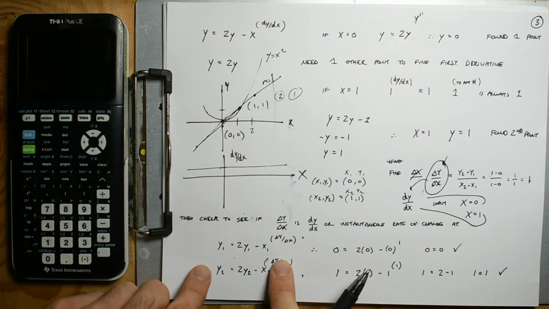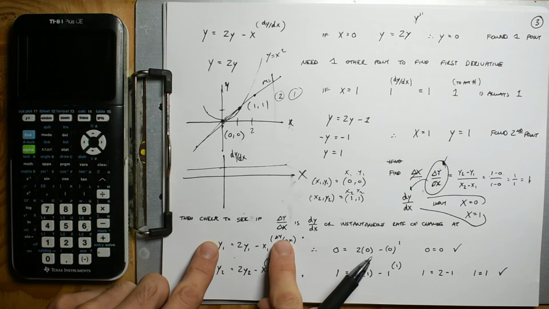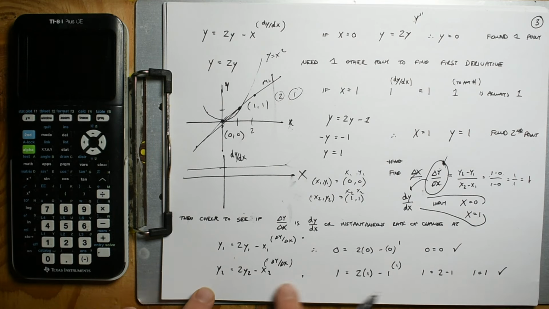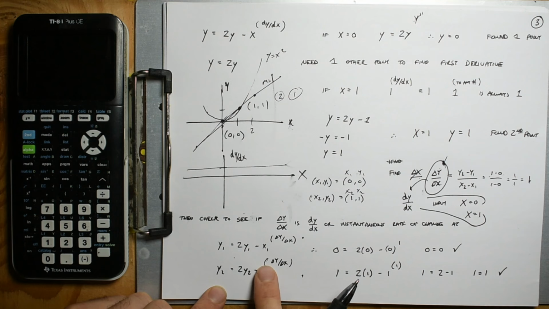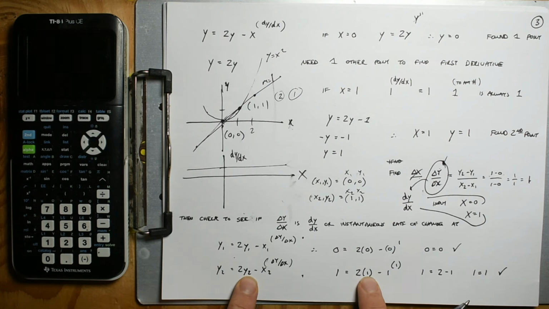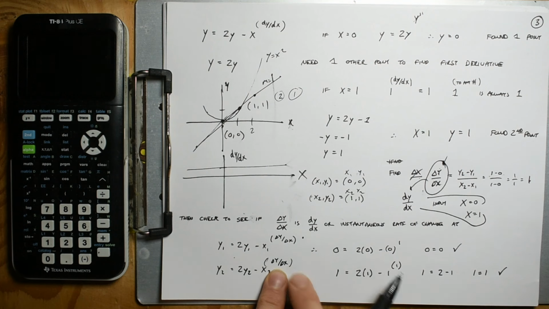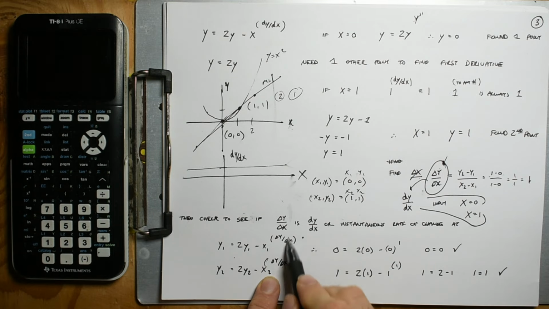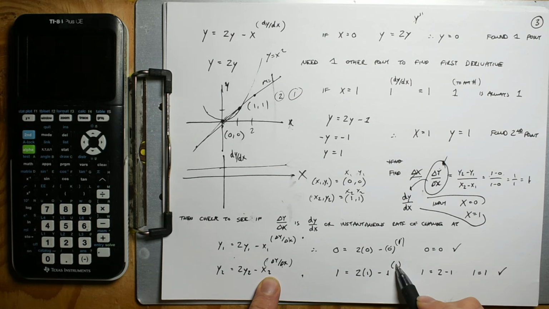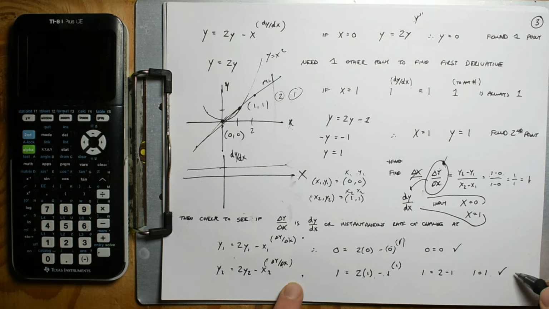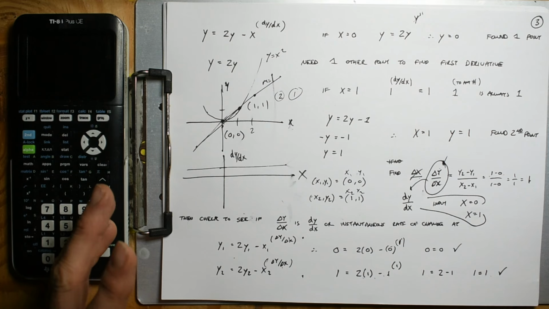That's 0, 0. So 0's all around, and we have 0 is equal to 0. The second one was 1, 1, so this is 1, this is 1. So we have 1 is equal to 2 minus 1, because that was the slope at that point. This was 0 to the 1, and this is 1 to the 1. And so we have 2 minus 1, and we have 1 is equal to 1. So both those equations are 100% accurate.